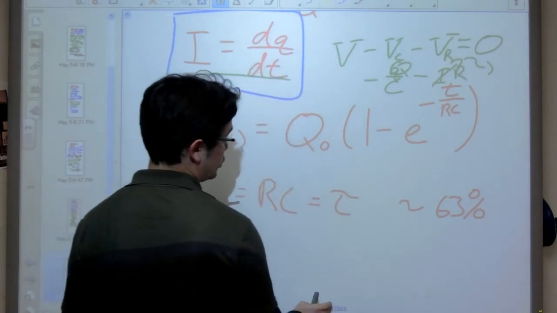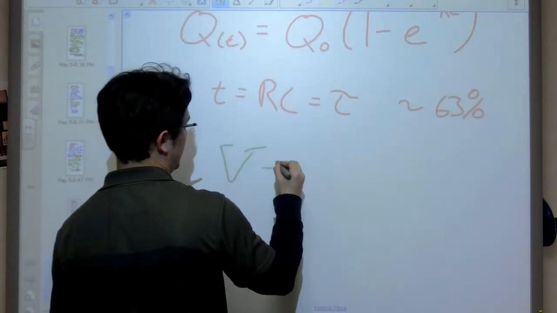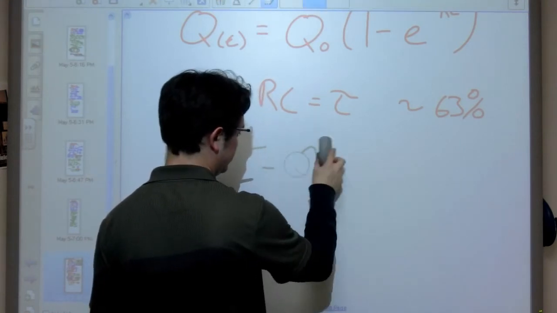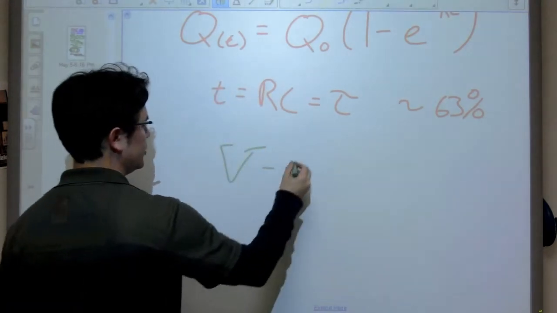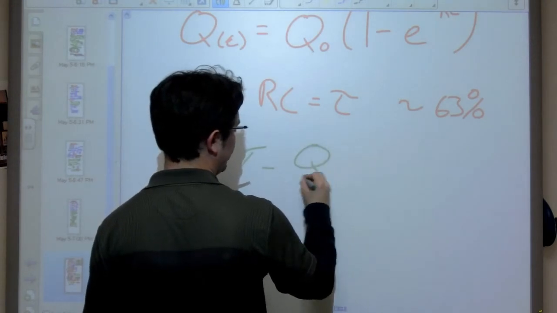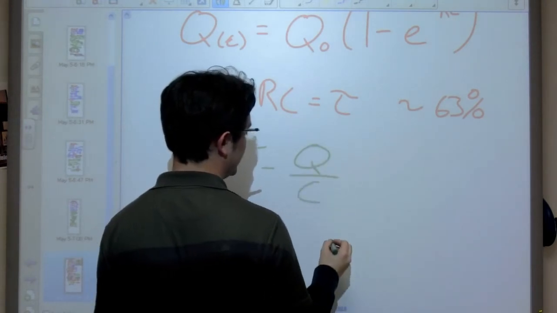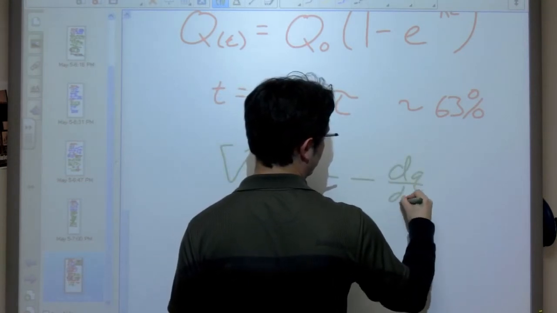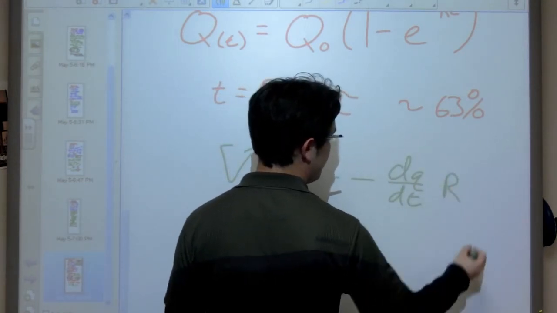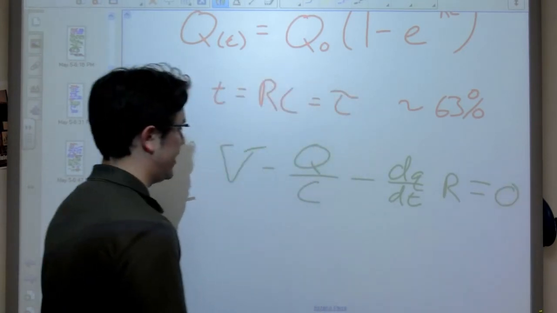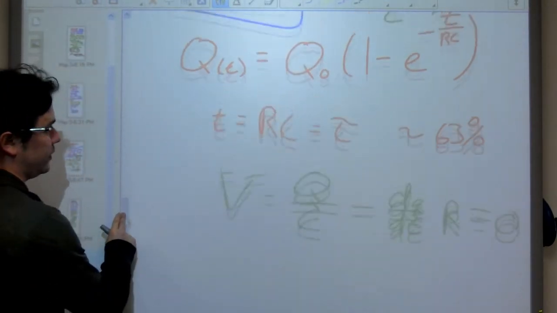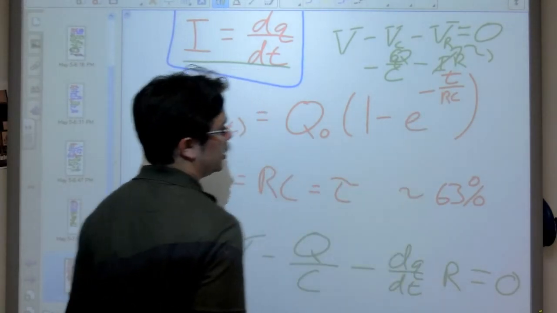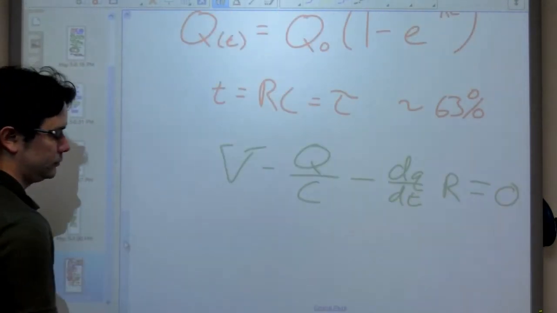So we end up with an equation that looks like this: V minus Q over C, I'm using the capital Q. This is why I hate having to switch between the two. Can't believe I made that slip up. Minus dq dt R equals 0. In fact, it was when applying specifically this that we derived this equation and we saw our time constant develop up here. Okay?